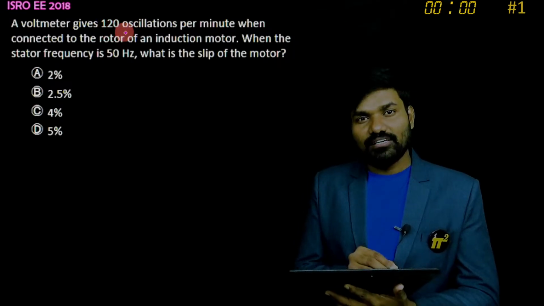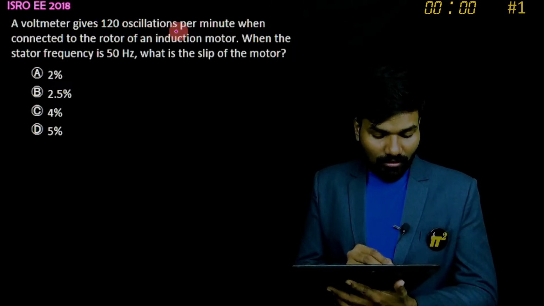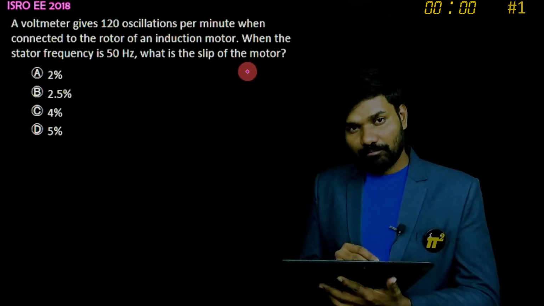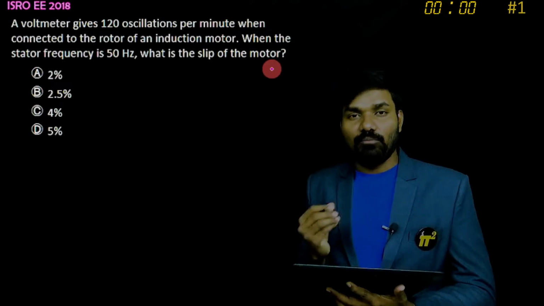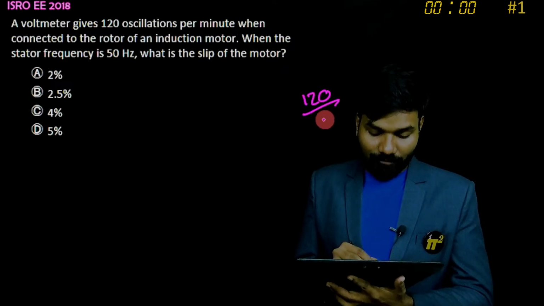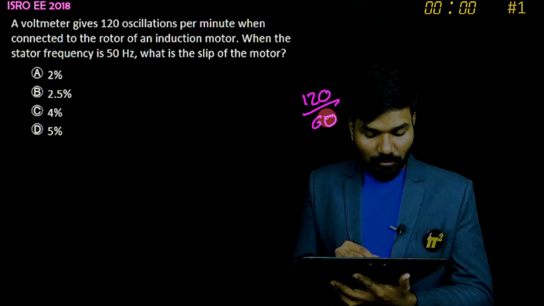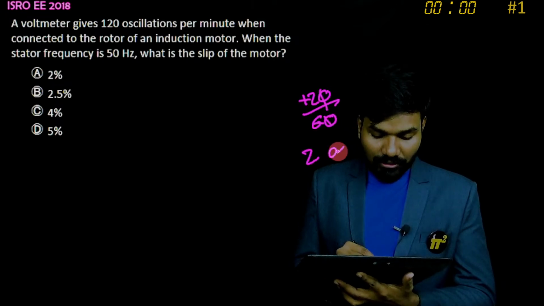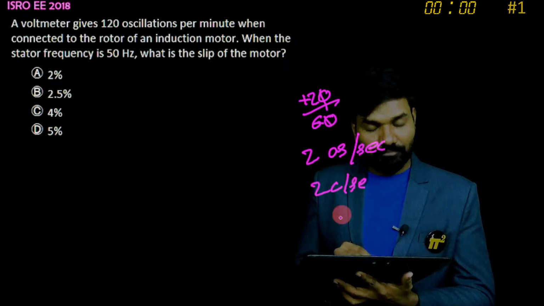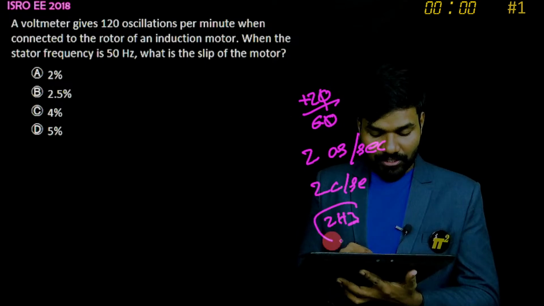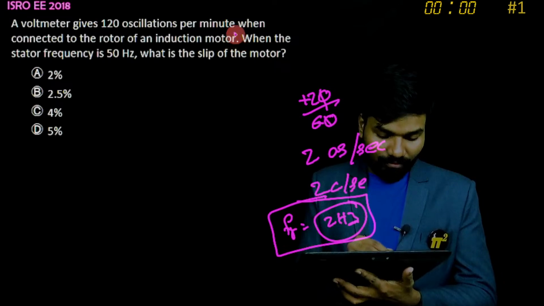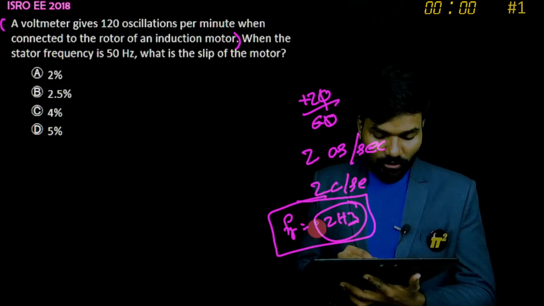So if the voltage has a frequency of 120 oscillations per minute, then per second, how many oscillations? 120 by 60, so this is 2 oscillations per second, means 2 cycles per second, means 2 hertz frequency. Rotor frequency is 2 hertz. This entire line is trying to say rotor frequency is 2 hertz.